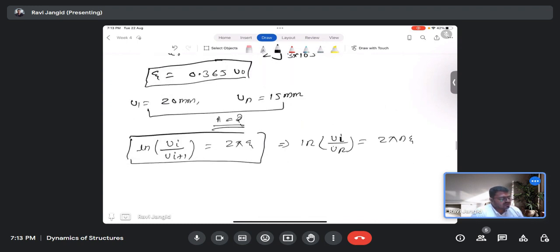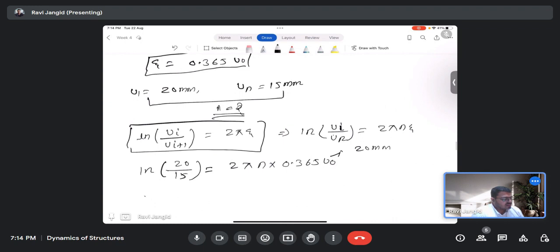Okay. So ln of u1, which is 20 mm, over un, which is 15 mm, is 2 pi n xi, and xi is 0.365 u naught. And u naught is 20 mm, which is given initially.